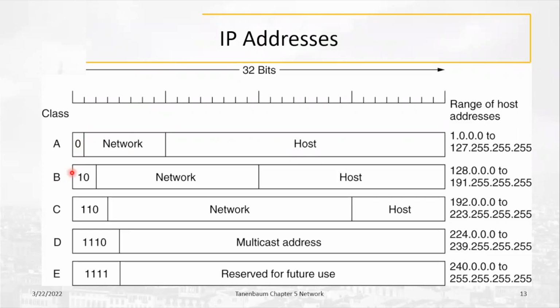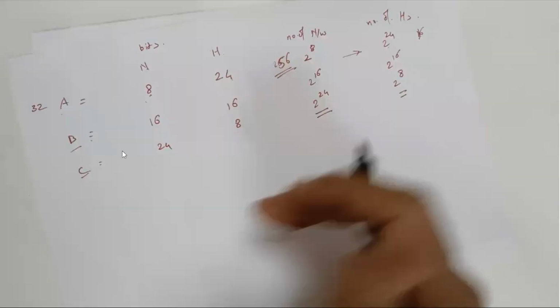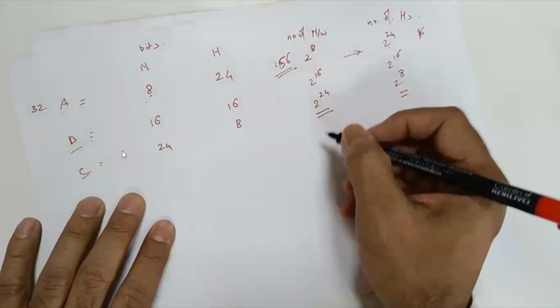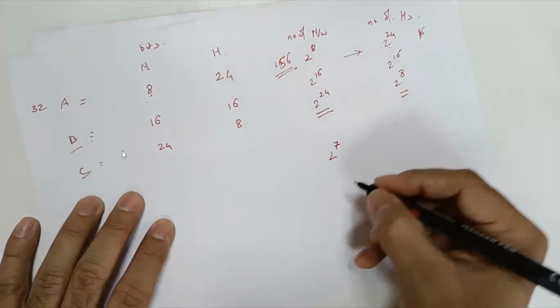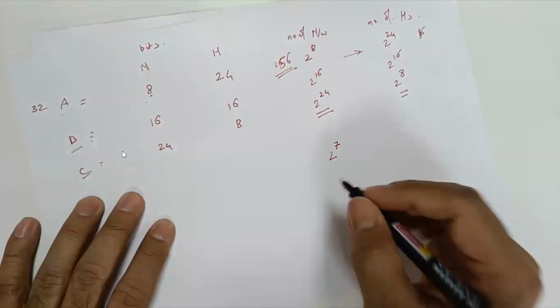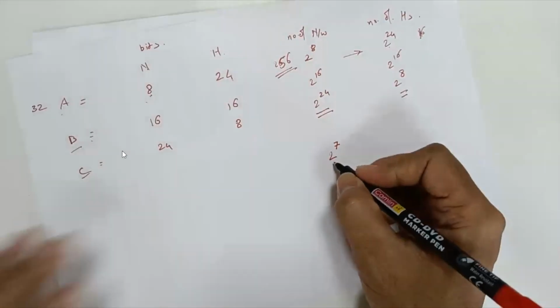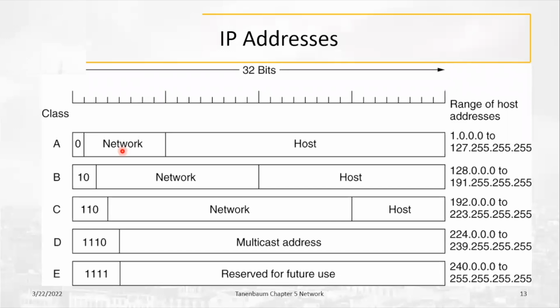So the remaining bits available are 7 bits for class A. So now the actual number of network bits is 2 raised to 7. Okay, but still it is not the exact number. I will come to that also a bit later. So 7 bits are remaining for network bits, and all host bits are intact, all 24 bits.